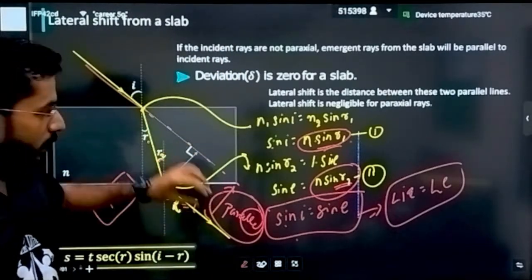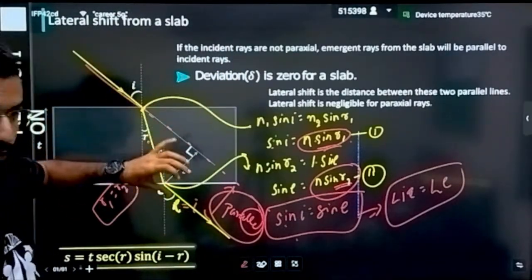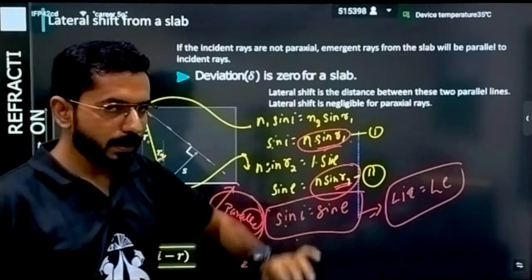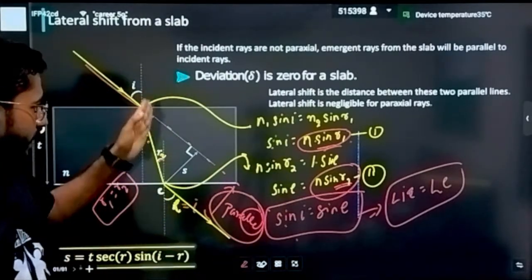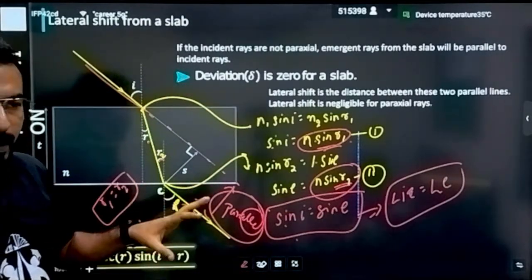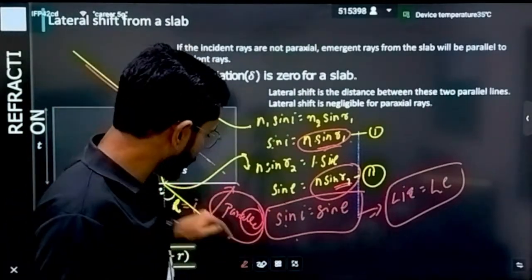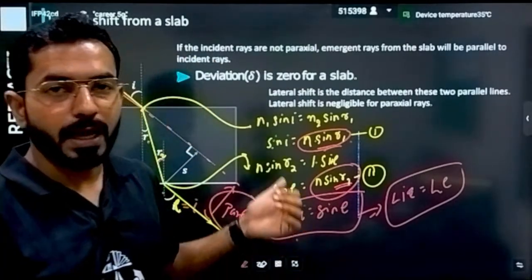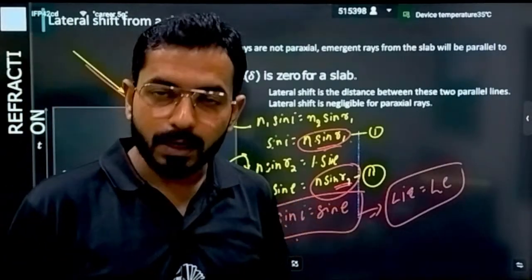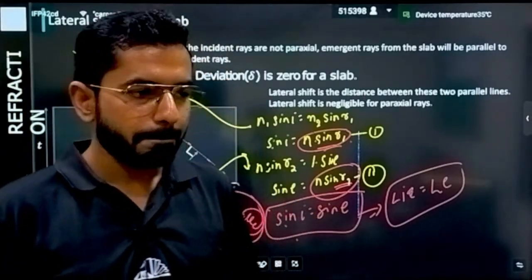Can't I say that they are going to be parallel, because this angle is also i, and in the end we have proved this angle is also i. So from the same vertical line, two lines are parallel. They are not the same line, but they are parallel. The final emergent ray is parallel to the actual incident ray.